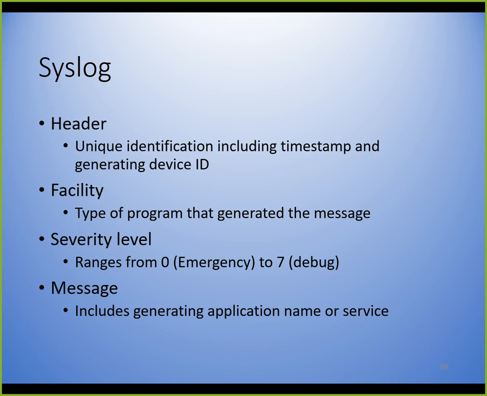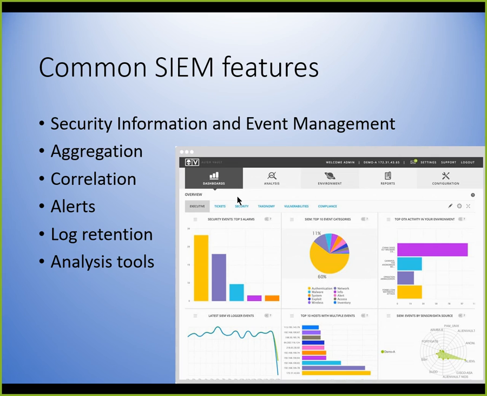Debug is a process that allows you to see all of the actions that are taking place on a device. And the message includes the generating application, the name of the service, what this message is all about, what it's actually reporting to us.